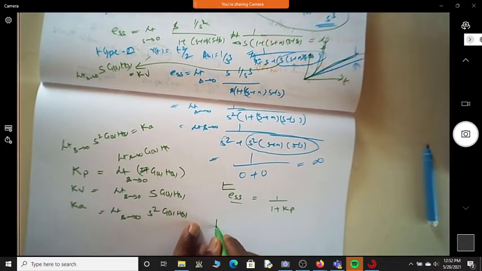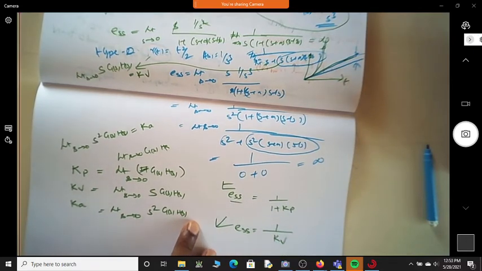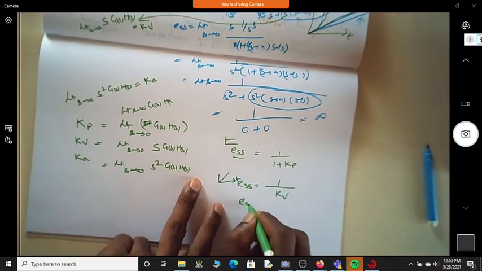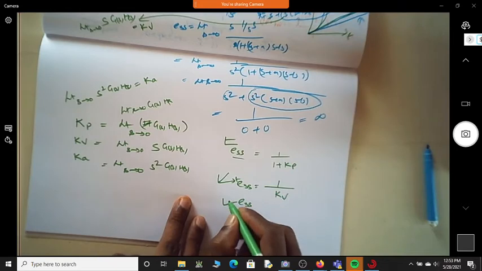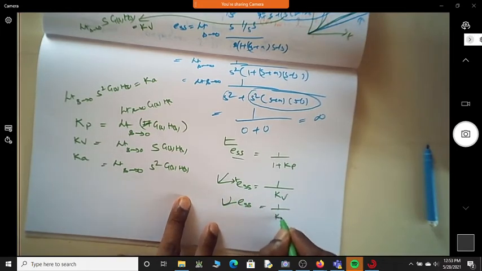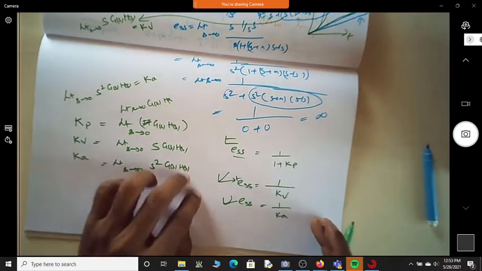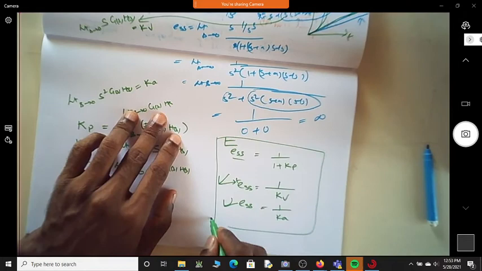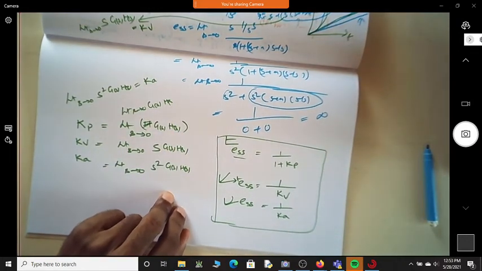For a unit ramp, shall I write ESS is equal to 1 over Kv? Yes, sir. And ESS for a parabolic input, shall I write it as 1 over Ka? Yes, sir. This is the ESS expression for any type.